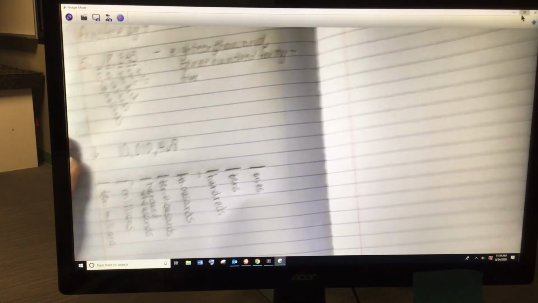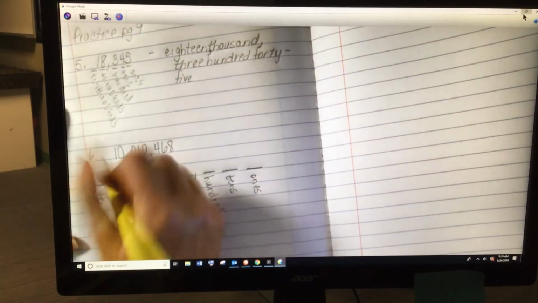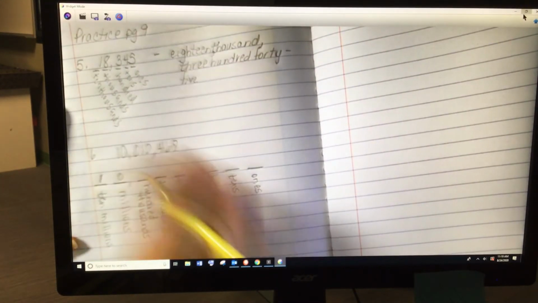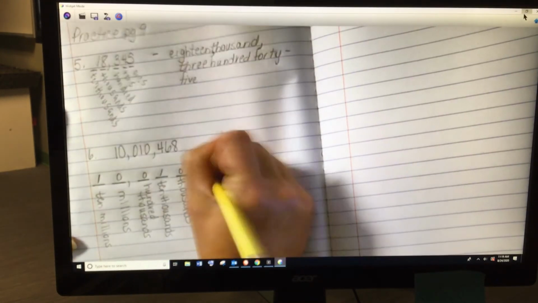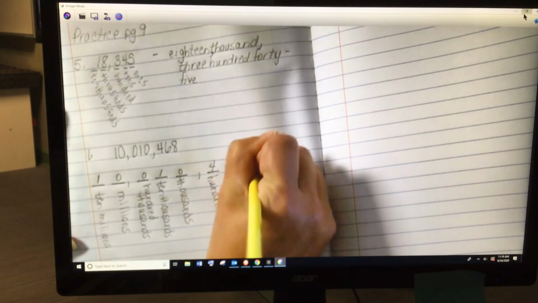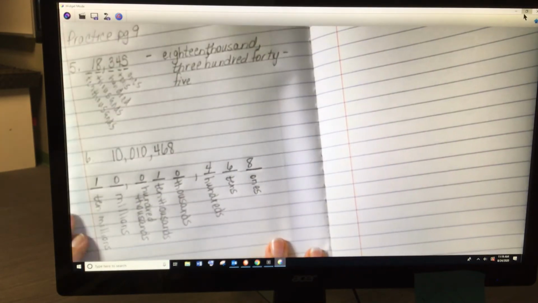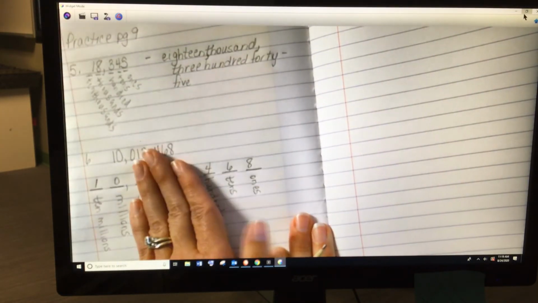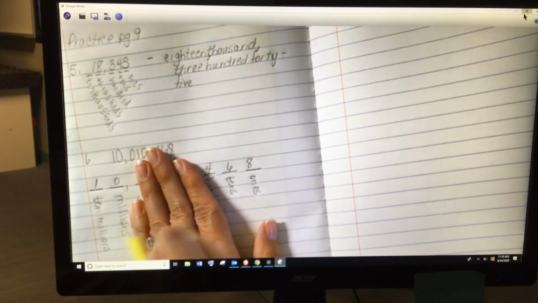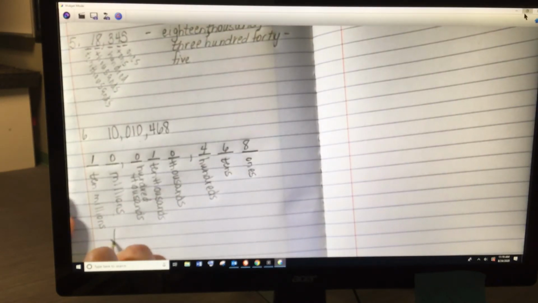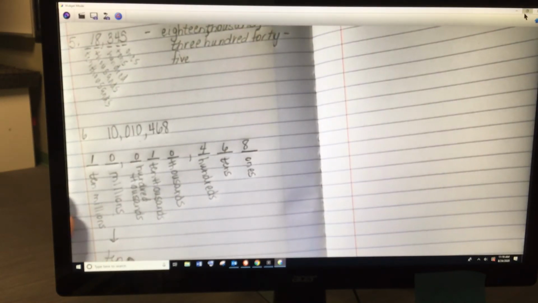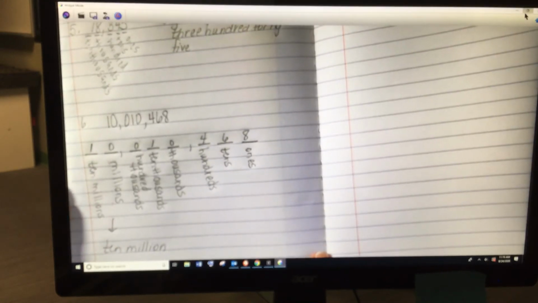Let's fill in our places. So we have a 1, 0, 0, 1, 0, 4, 6, 8. All right. So let's go to the very, very beginning. We have 10, what? 10 million. So we're going to write it in words, taking our time. So this becomes 10 million. Okay.